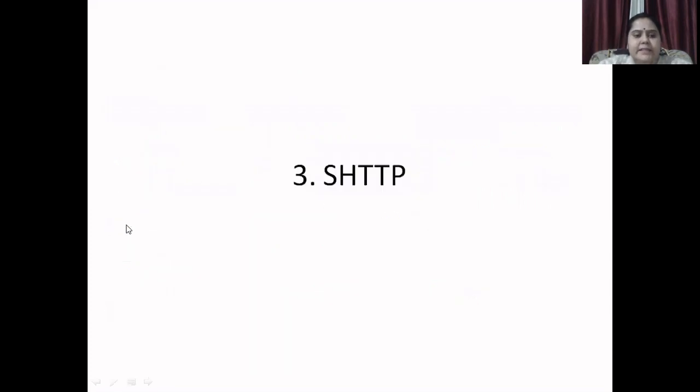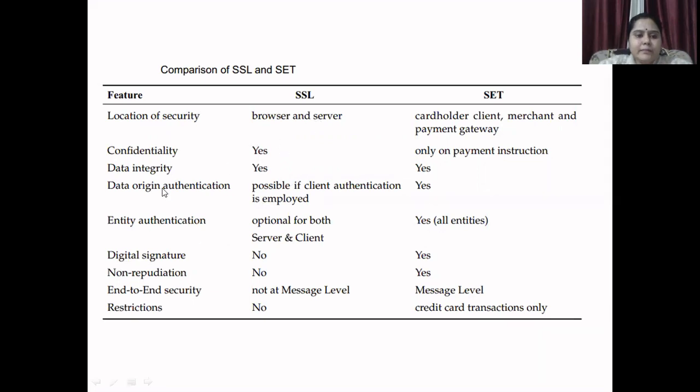And in the next comparison feature, entity authentication, that is optional for both server and client in SSL, and in SET it is all entities. Next, that is digital signature. There is no digital signature in SSL, and in SET there is a digital signature. And in non-repudiation, in SSL there is no non-repudiation, but SET has non-repudiation.